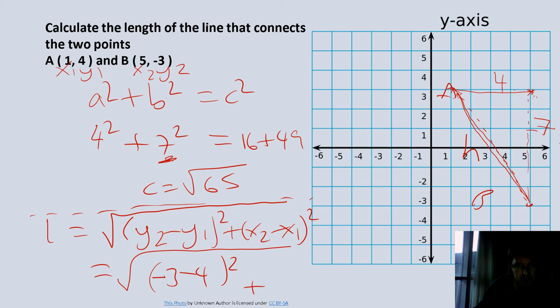And here we've got x2 minus x1, so there's the 5 minus the 1 squared. And you can see that's where I got the 4 from here. So that will also confirm, using that technique, that your length of the line that connects these 2 points is root 65. Sorry, that's point A there. And this is point B.